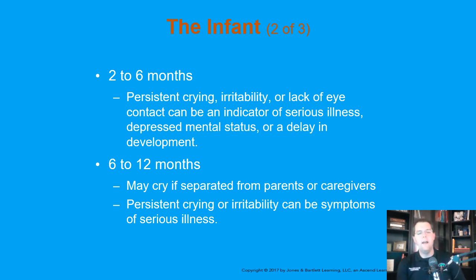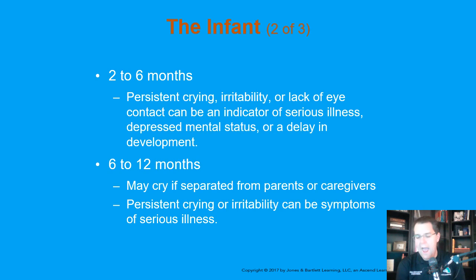Those are all signs of a potentially major issue going on with them. And we really have to make sure that we're focusing on that presentation and doing a good assessment and a good history taking.